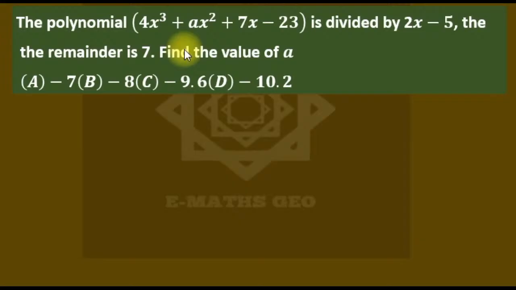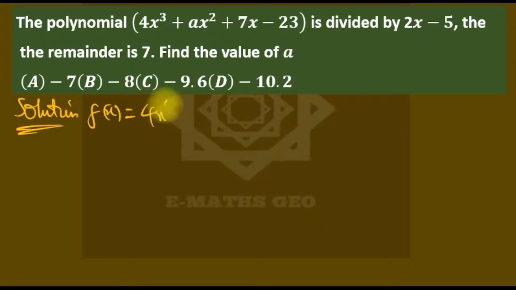Okay, they said the polynomial is divided by that. The remainder is 7. So using the remainder theorem, we know that if this is the polynomial, let's call it f of x, equal to 4x cubed plus ax squared plus 7x minus 23.